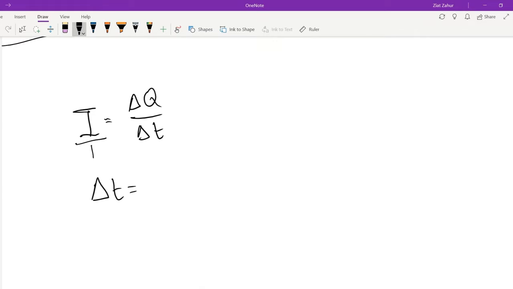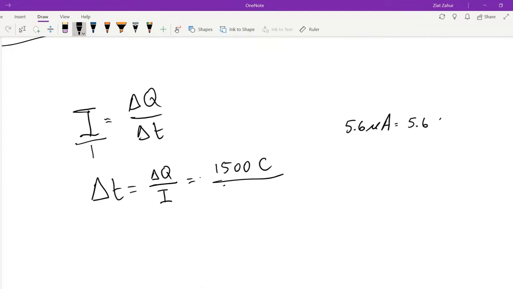So if I cross multiply, I get delta Q divided by the current I. So Q is the charge, and the charge is 1500 coulombs in my version, and current is given as 5.6 microamps, but I need it in standard units. 5.6 microamps is the same as 5.6 times 10 to the negative 6 amps.